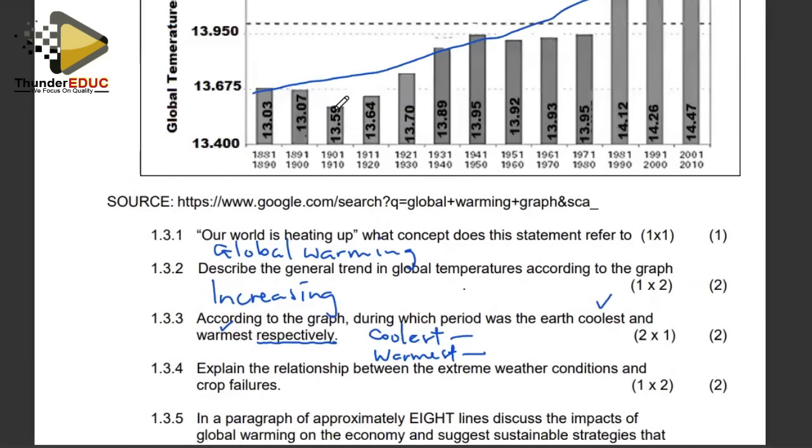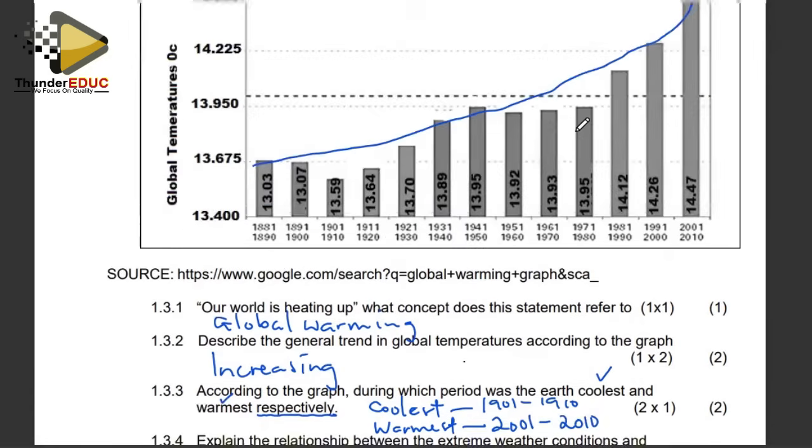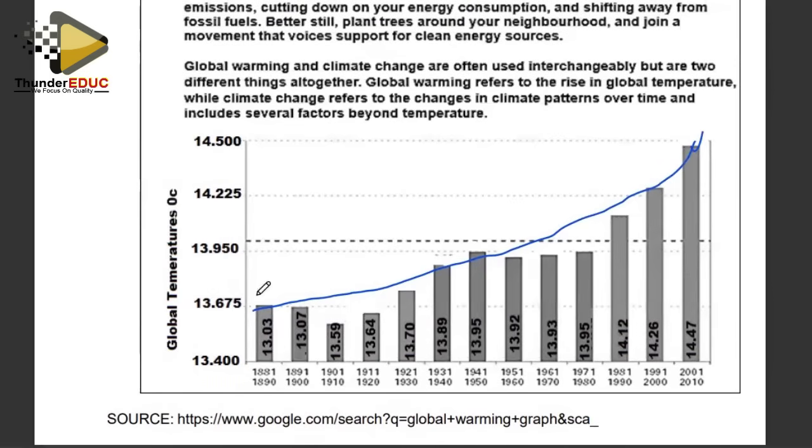We see this is the lowest here, this is 1901 to 1910. So the coolest is 1901 to 1910. And then the warmest, automatically, that is the last, 2001 to 2010. If you are just looking at our graph, this is the highest and this is the lowest.